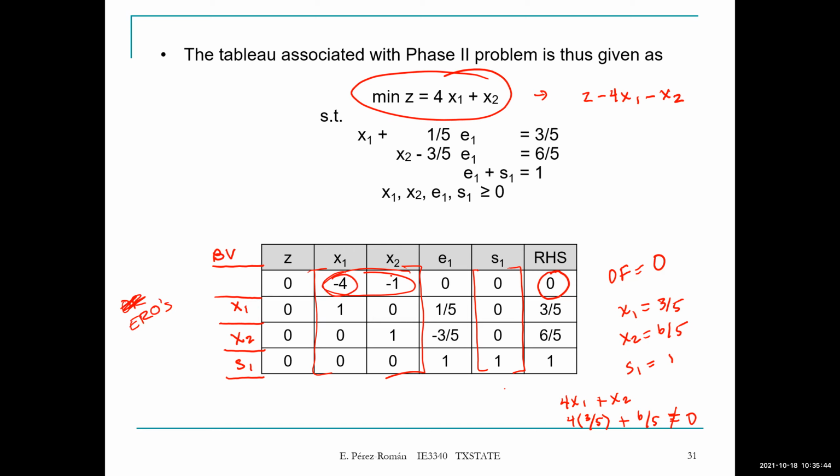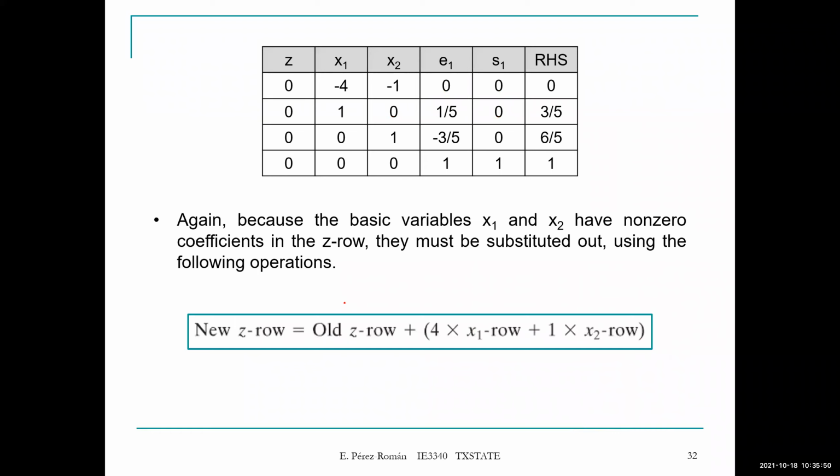To make this equal to 0 and then this equal to 0. And that's what you're going to see on the next slide. Again, because the basic variables x1 and x2 have non-zero coefficients in row 0, they must be substituted out using this operation. So what this is saying, and this is x1, x2, x1.